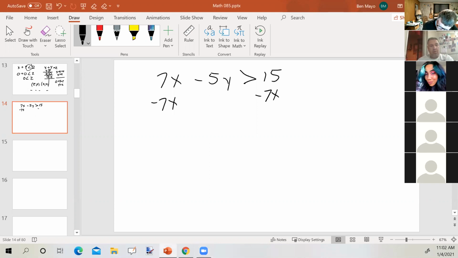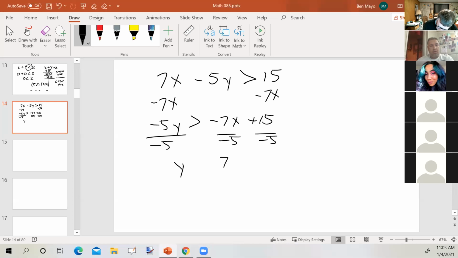Subtract 7x: negative 5y is greater than negative 7x plus 15. Divide by negative 5: y, 7/5 x, minus 3. And I'm going to change the direction of the inequality because I divided both sides by a negative number.